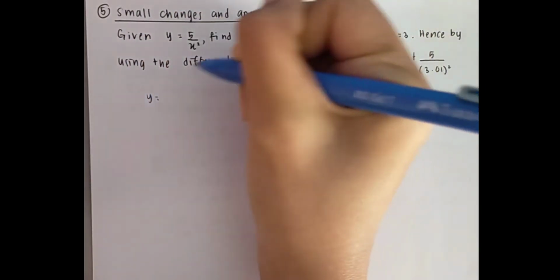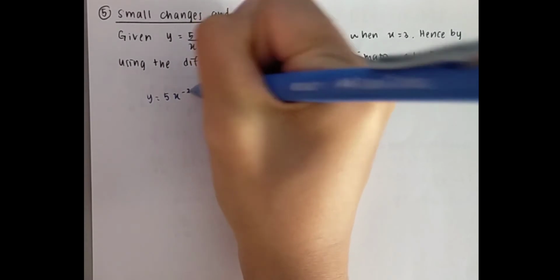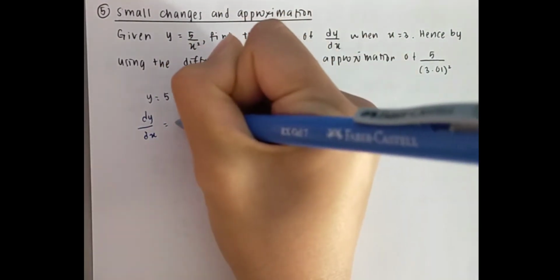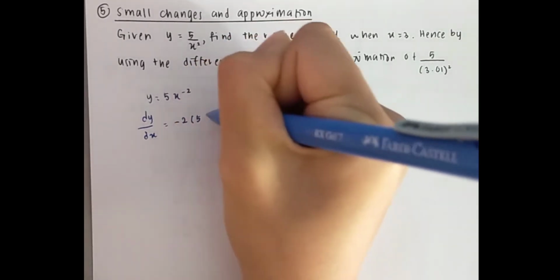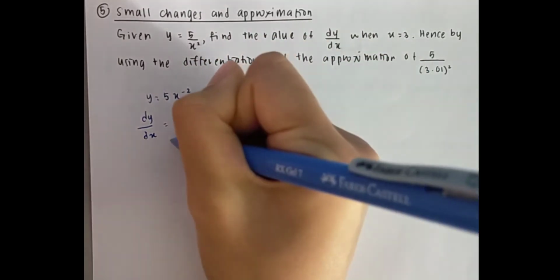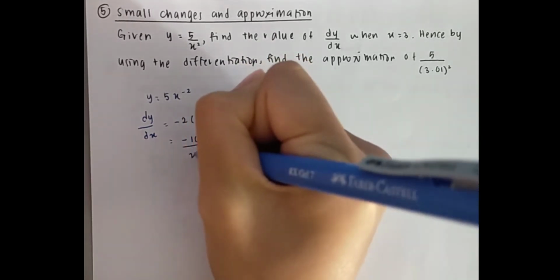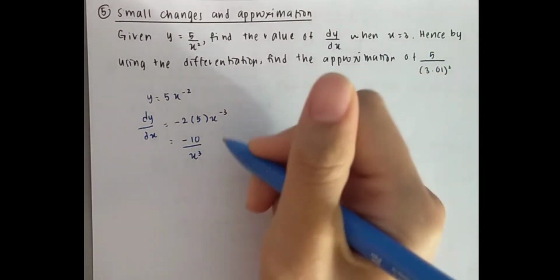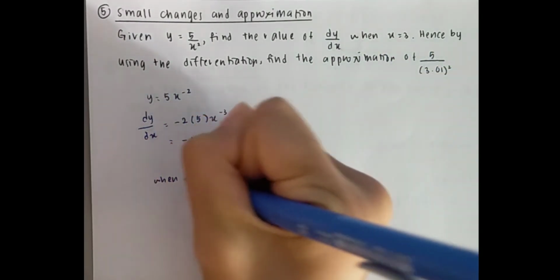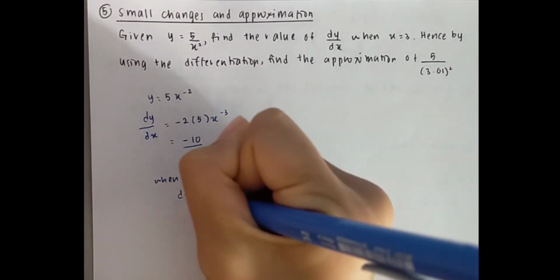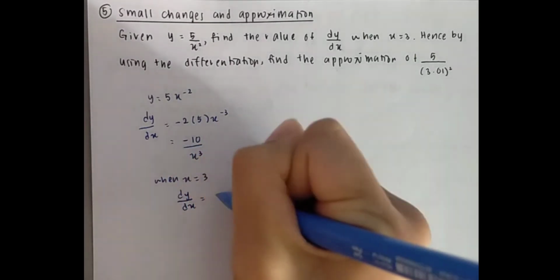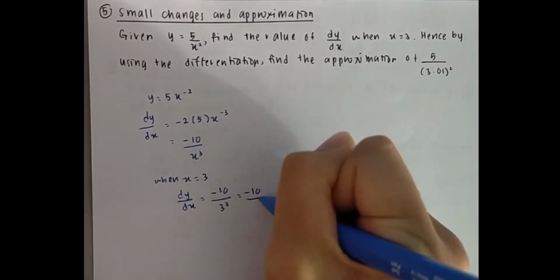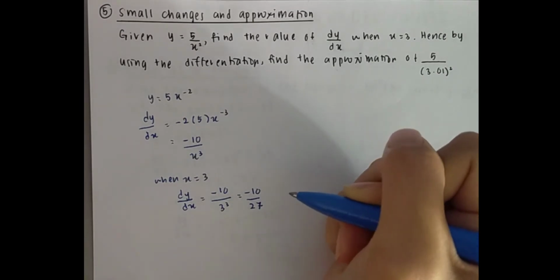Given that y is equal to 5x to the power of negative 2, dy over dx is equal to negative 2 times 5x to the power of negative 3, so we will get negative 10 over x cubed. So when x is equal to 3, dy over dx is equal to negative 10 over 3 cubed, which is equal to negative 10 over 27.